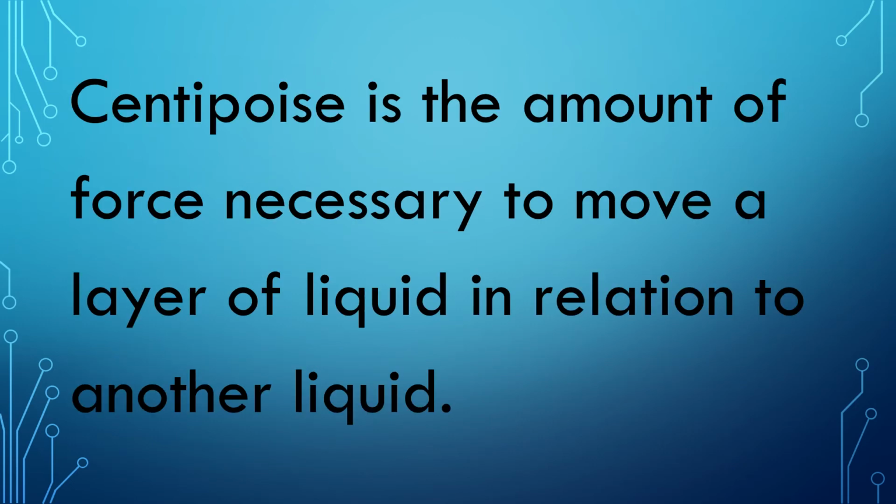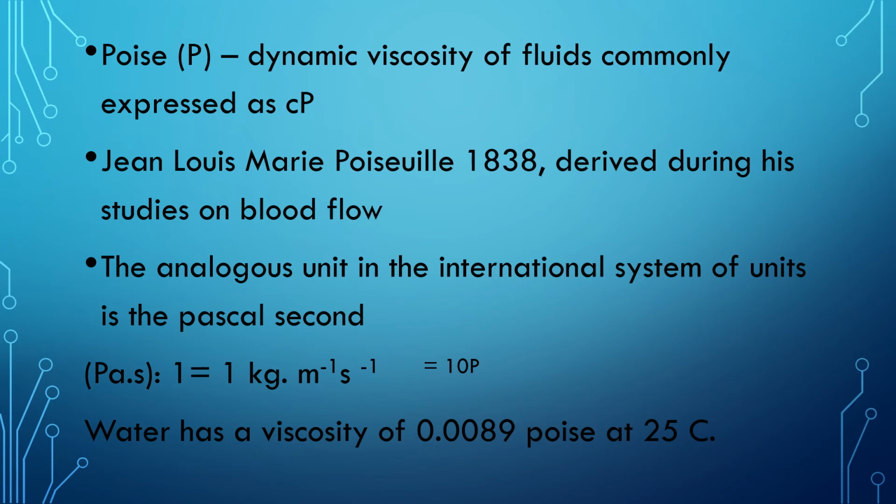So, next. What do you mean by centipoise, ma'am? Centipoise is the amount of force necessary to move a layer in relation to another liquid. So, ito yung amount na need niyang makapag-move para kay viscosity. For other information, may tinatawag tayong poise. It is the dynamic viscosity, usually expressed as Cp.